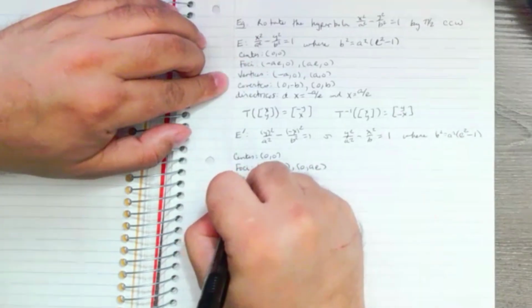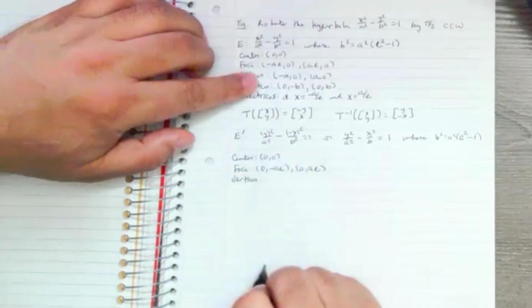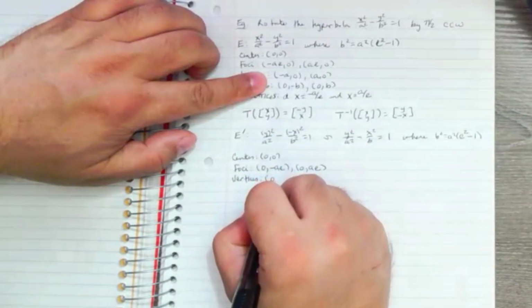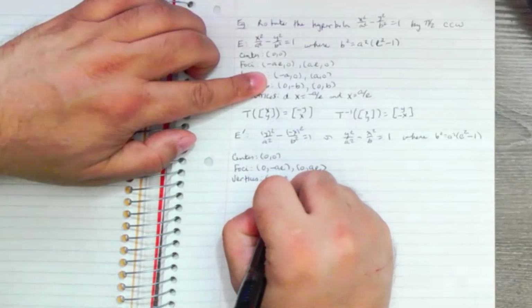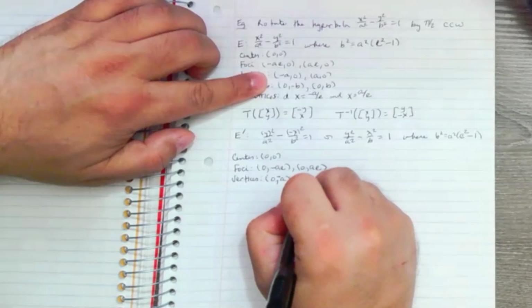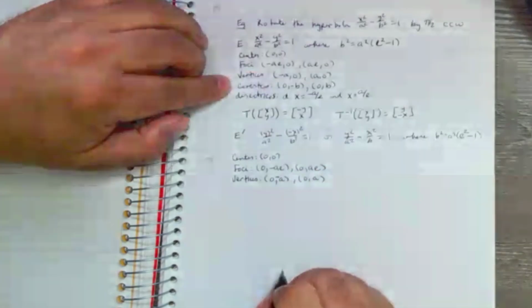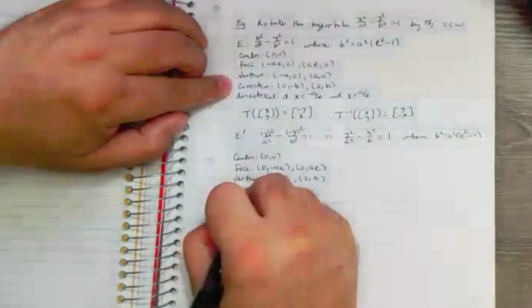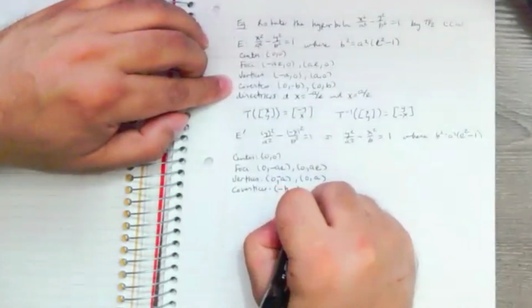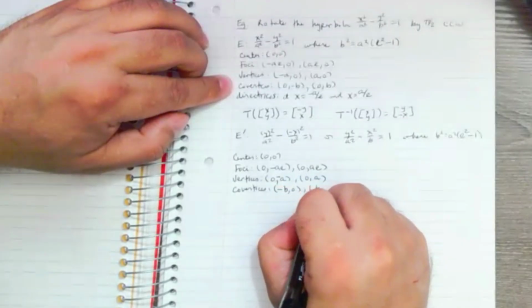The vertices occur at the points 0, negative a, and 0, a. And the covertices occur at the points negative b, 0, and b, 0.